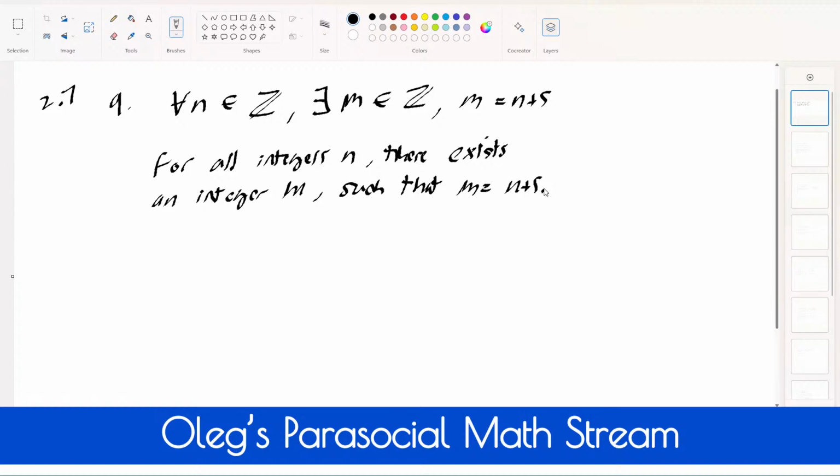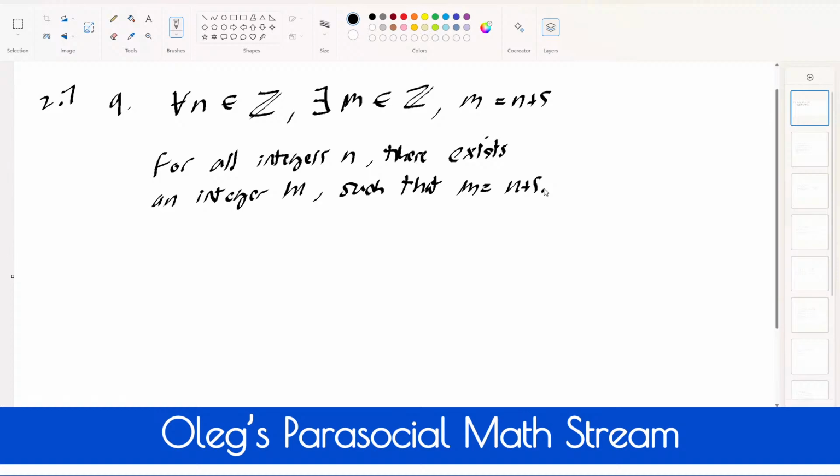This is fine because for all integers there exists a number with the property that for any number n, you add 5 and you're going to get m back.